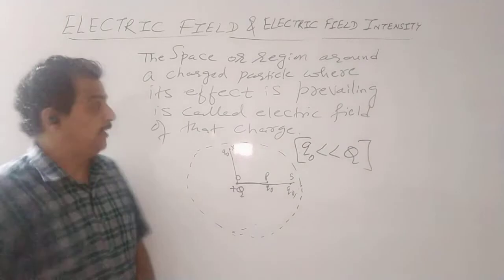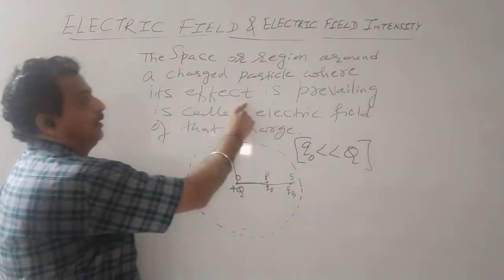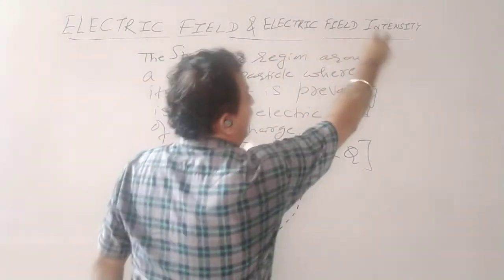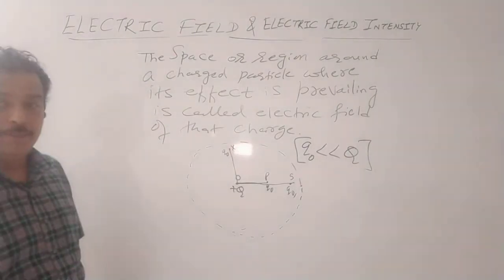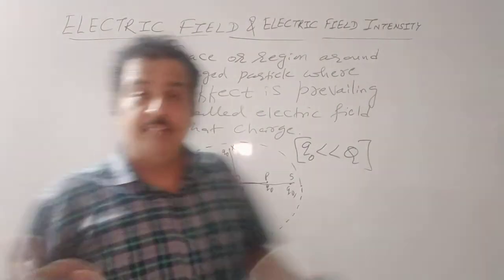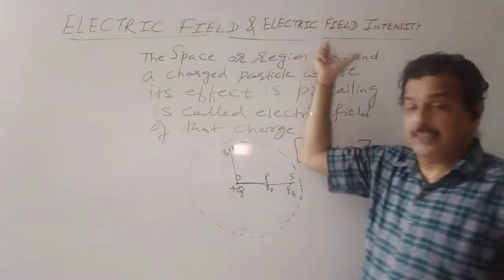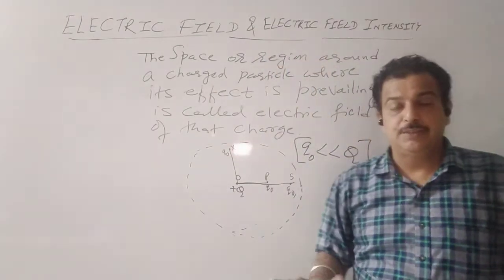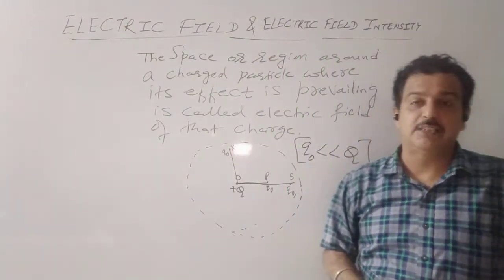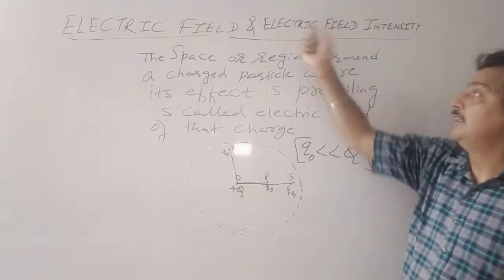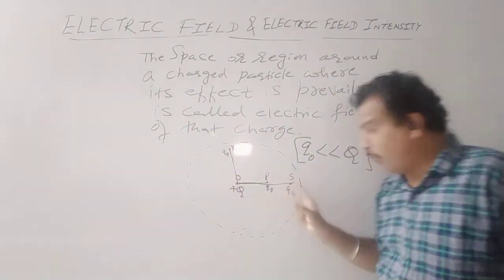Now this effect is known as the electric field intensity. So instead of using the word effect, electric field intensity in simple terms is the strength of a charge at different points.